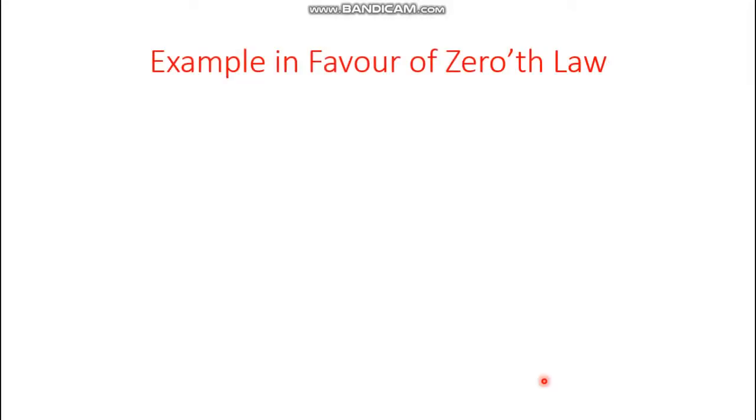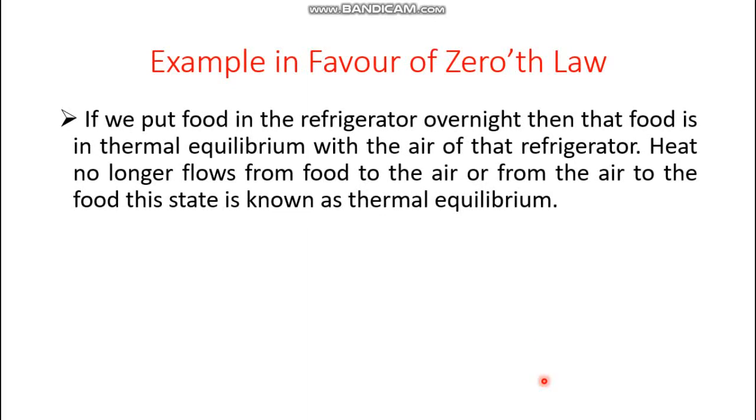Now let's throw some more light on the zeroth law of thermodynamics by citing two examples. In the first example, if we put food in the refrigerator overnight, then that food is in thermal equilibrium with the air of that refrigerator. Heat no longer flows from food to the air or from air to the food, and this state is known as thermal equilibrium.